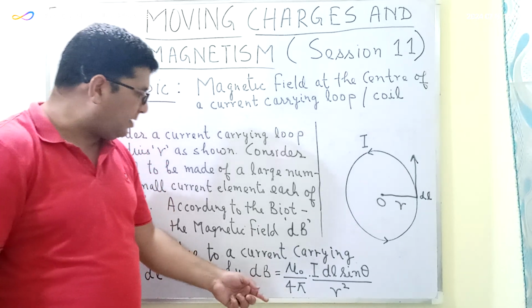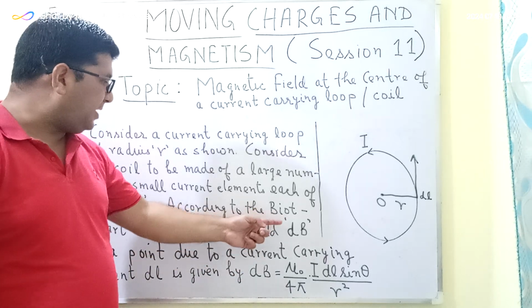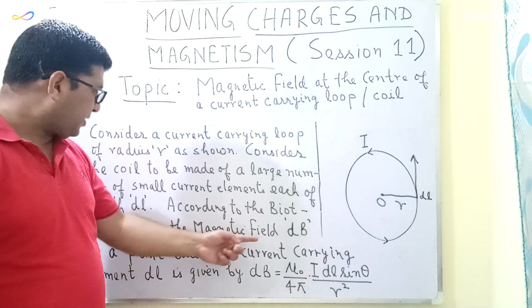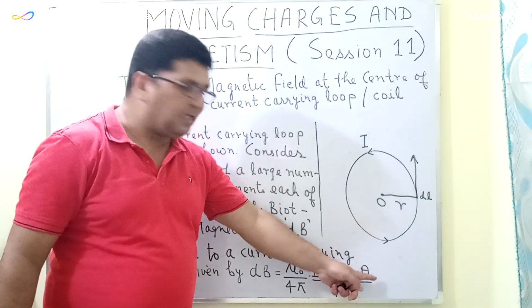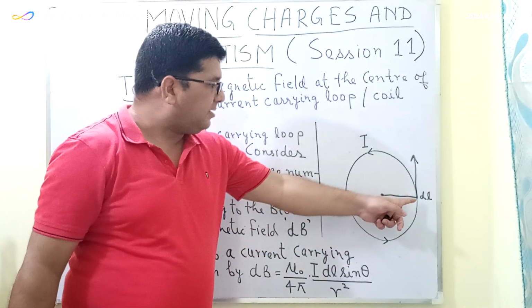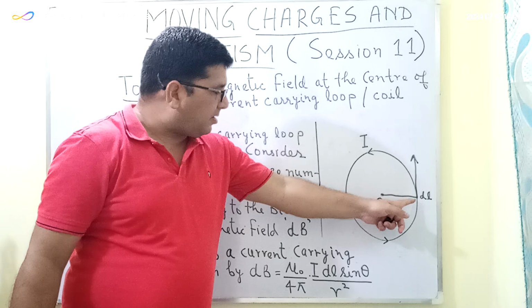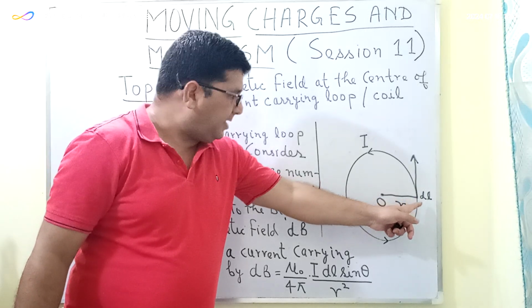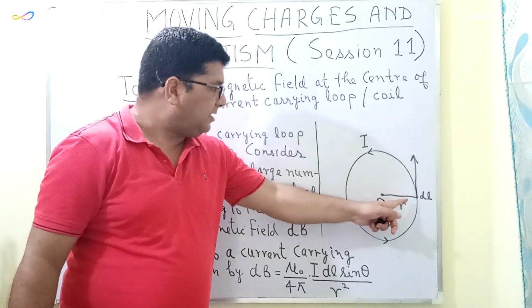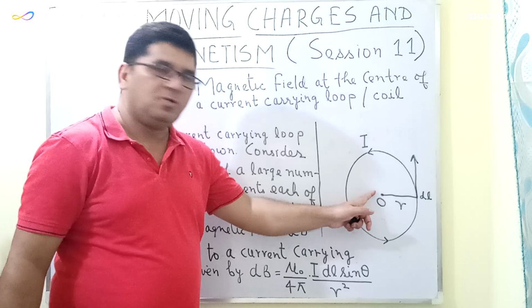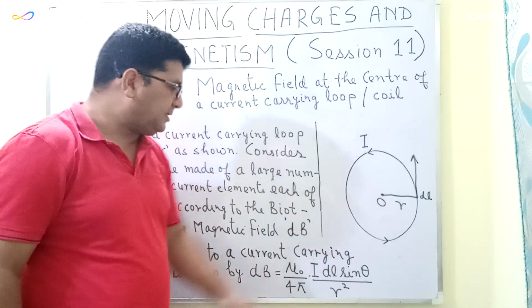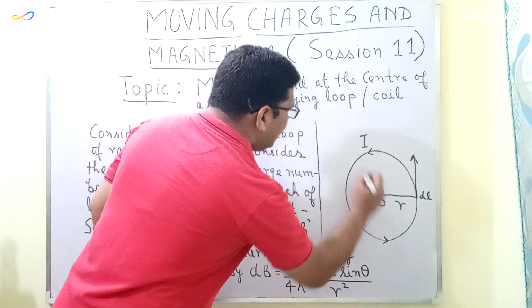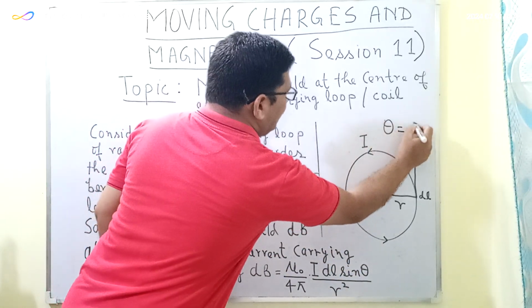Here theta is the angle between the current carrying element and the line joining this element to point O, the center of the loop. In this case, theta is equal to 90 degrees.